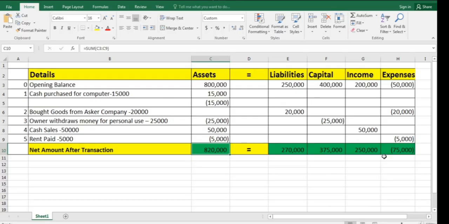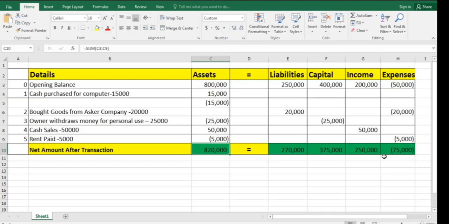These are the things we did manually, but in Tally we are going to do computer-based accounting. In Tally we just enter the transactions. First we have to put the opening balance, then create the ledger, and then we can put the transactions based on the double entry system. After that it will generate the trial balance and financial accounts such as financial position, income statement, balance sheet, and everything.